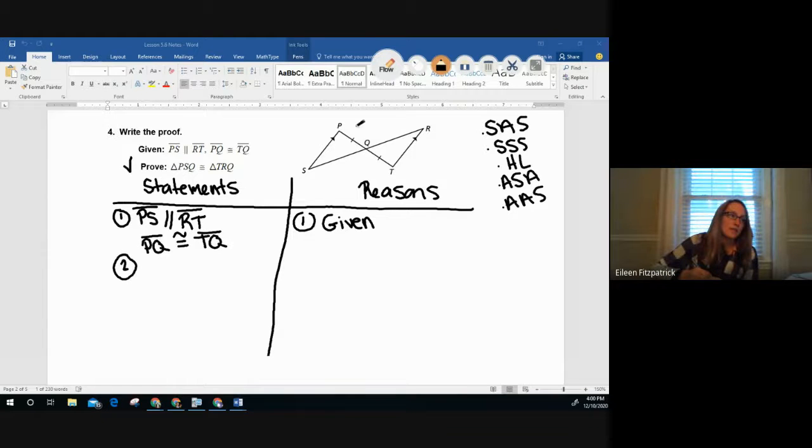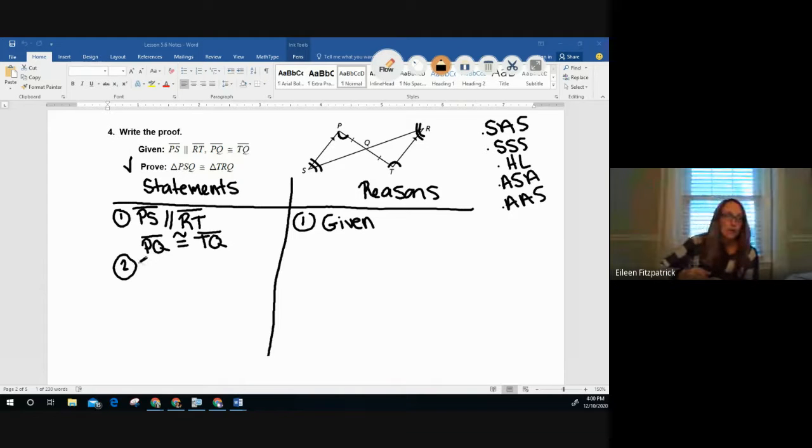All right, so you're given that PQ is congruent to TQ, that's given. You're also given that PS runs parallel to RS. So let's start with the first piece of given. If these lines are parallel, what angles are congruent? Angle P is congruent to angle T, they're alternate interior, and angle S is also congruent to angle R. Those are alternate interior.